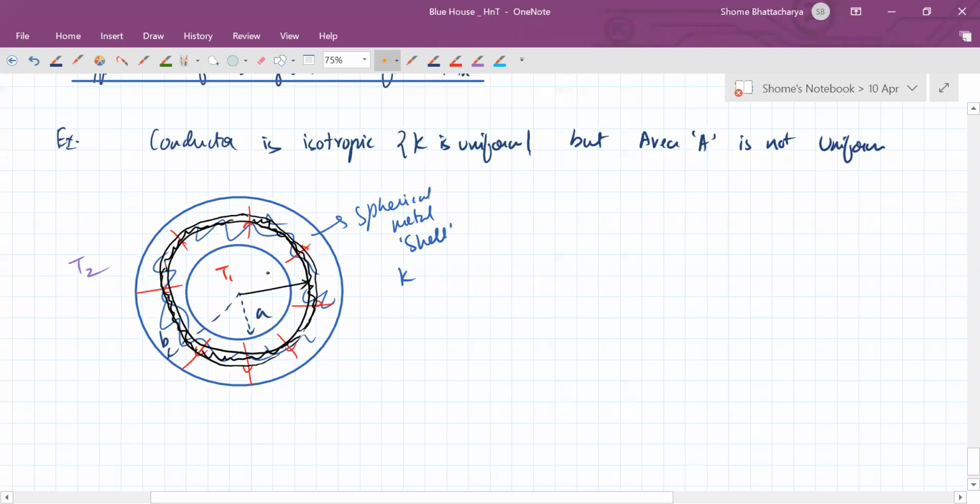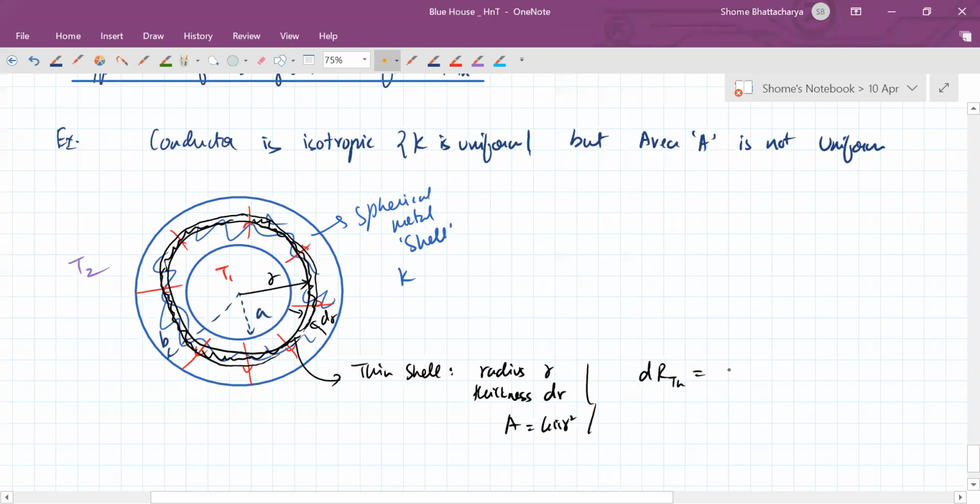So you take a shell of radius r and thickness dr. For this thin shell, which has radius r, thickness dr, and surface area 4 pi r square, the thermal resistance, because it's a differential shell, we'll write like this: dr upon K A, or dr upon K into 4 pi r square.